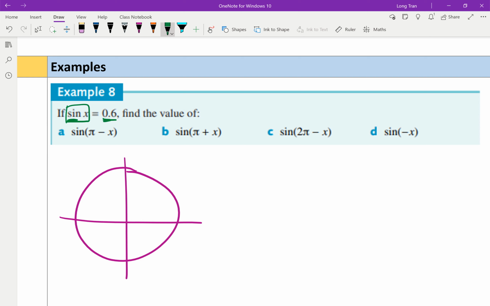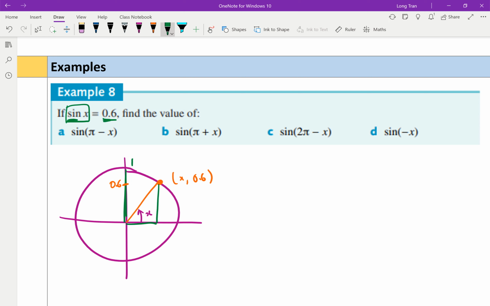Remember, the unit circle's whole length is 1, so 0.6 is maybe about here. This is the point where the y value is 0.6, and this is the angle x. So you've got this nice triangle here.